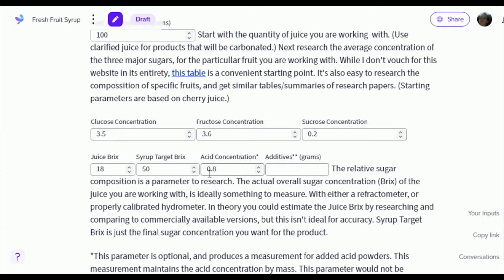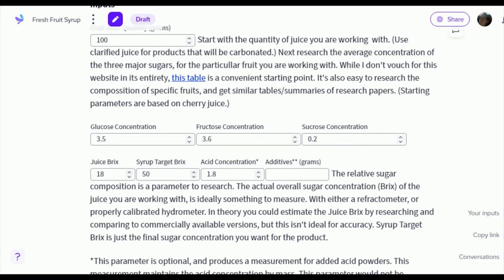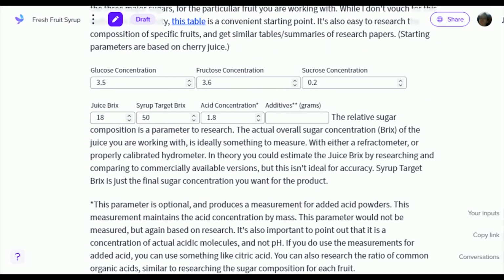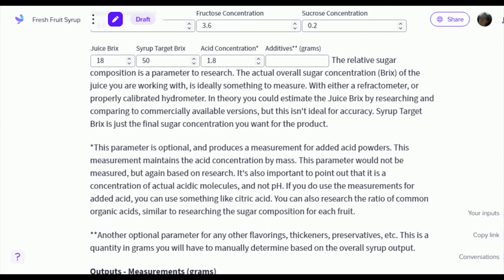Now, separately, I also looked up that blueberries can be between 1 and 2% acid, mostly citric acid. Now, again, even putting that acid information is sort of optional. Also, additives are optional, and everything else up to this point has been sort of a percentage, and additives is just grams.